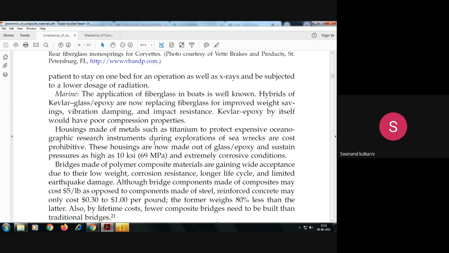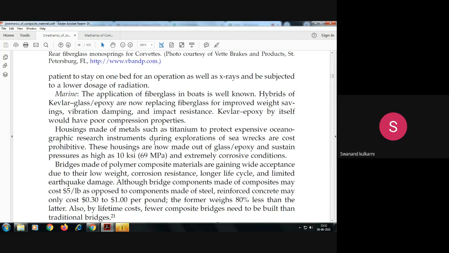And we know the advantage of polymer matrix composites in marine application is that it is a corrosion resistant material. Any metal used in marine application will definitely corrode.